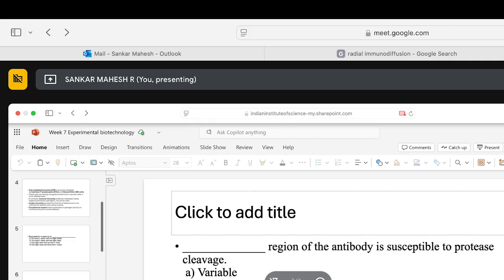So here directly we can exclude the options variable and constant, because these are portions of the chain itself that are very large. So that leaves us with hinge and effector.